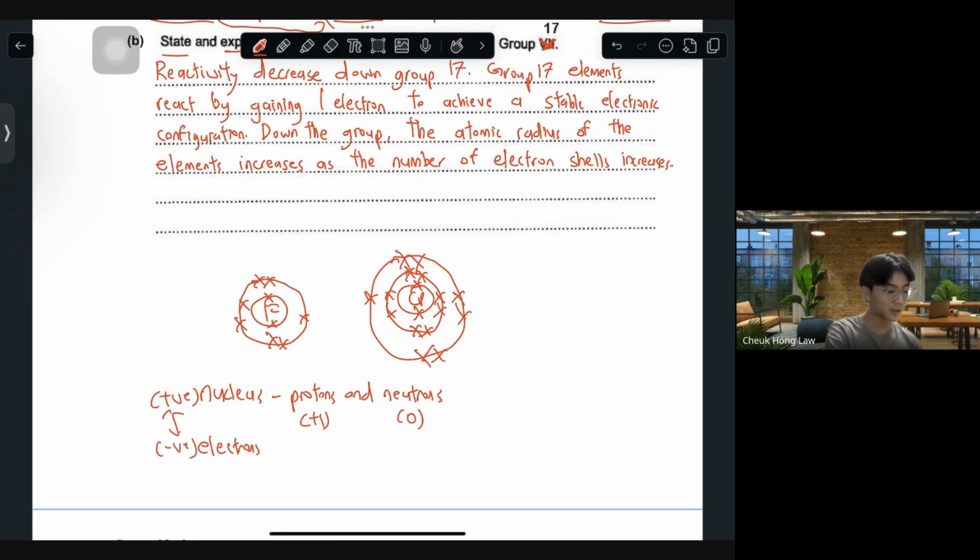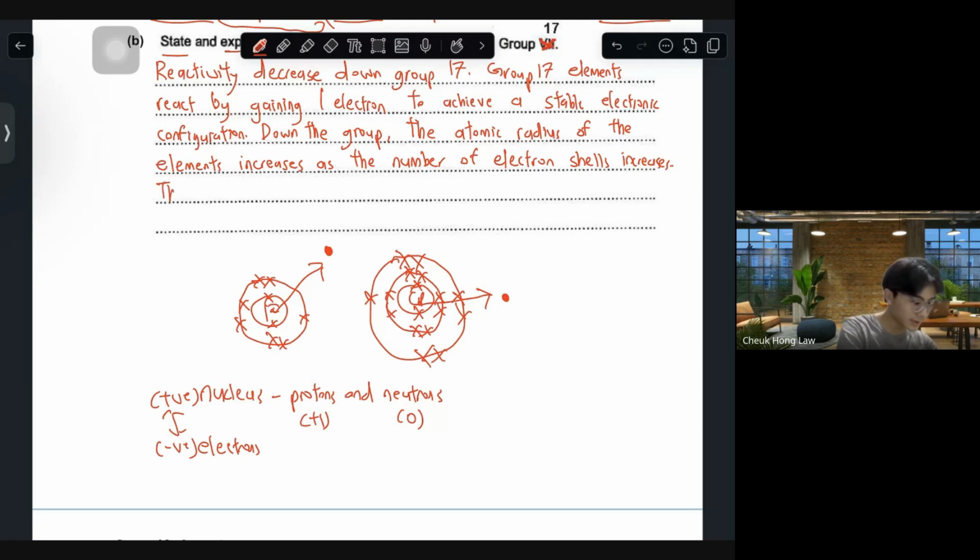So there is a force of attraction between those two. As the atomic size gets bigger and bigger, that force of attraction gets weaker and weaker. So the force of attraction between your nucleus and an outside electron gets weaker and weaker, so it's harder to gain an electron because of the weaker attractive forces.